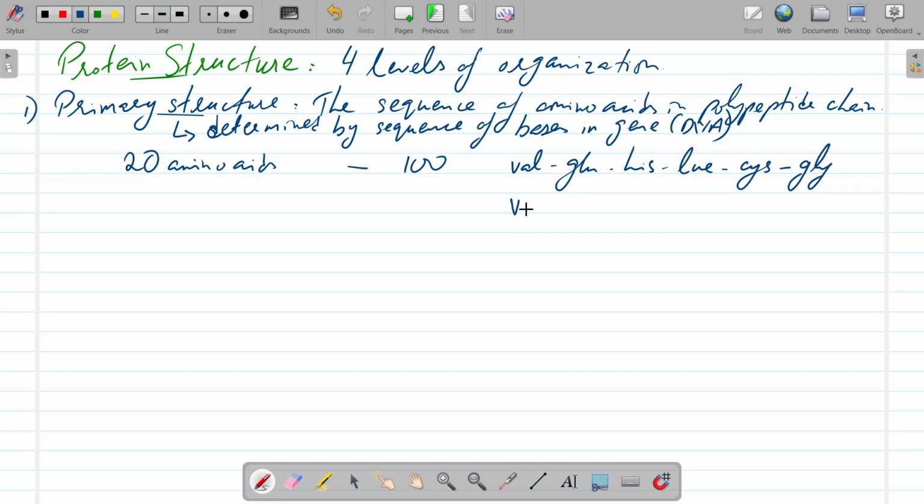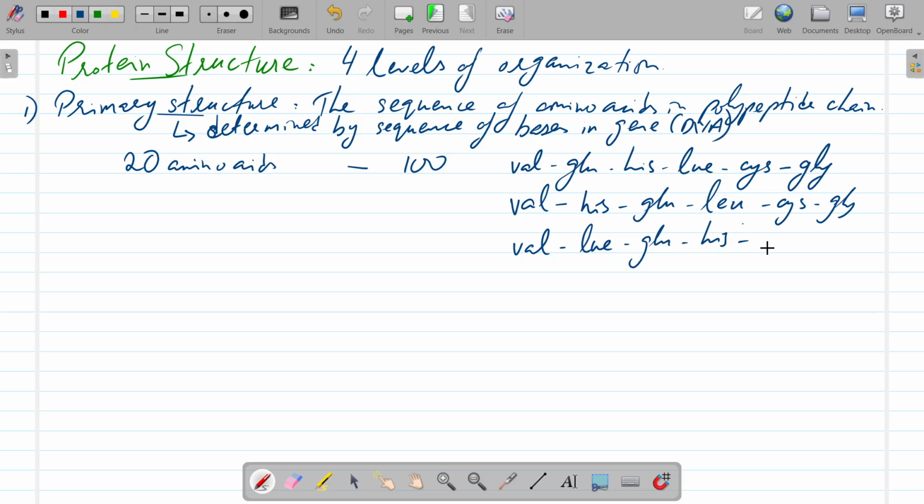If you keep the first amino acid constant and move the others around, you've got histidine, and then glutamic acid, and leucine, and cysteine, and glycine. Then you bring in leucine first, and then glutamic acid, and then histidine, and cysteine, and glycine, and you get the idea.